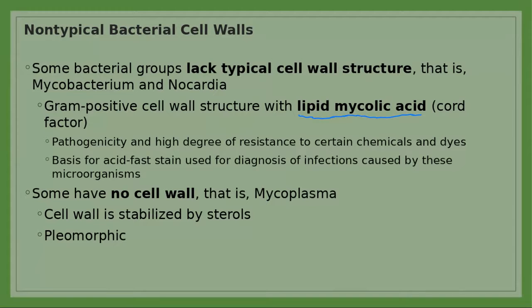Therefore, they have a special staining procedure called acid-fast staining. The acid-fast staining is especially used for this type of bacteria, for example, to identify the TB bacteria.